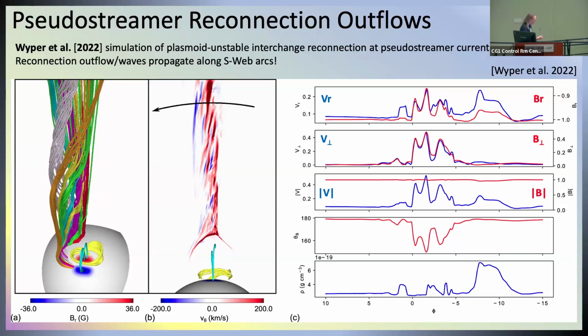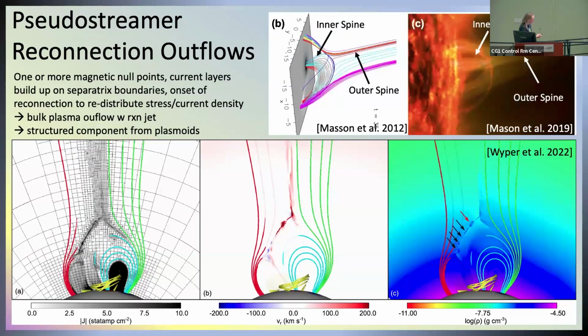And that makes sense because, unlike a helmet streamer, in which you could live in the current sheet and maintain your plasmoid structure, the current sheet only lives here. So the plasmoid structure is maintained in the current sheet, but by the time you're out into this open field region, you've basically got to decide your flux rope is either going to reconnect this way or reconnect that way.